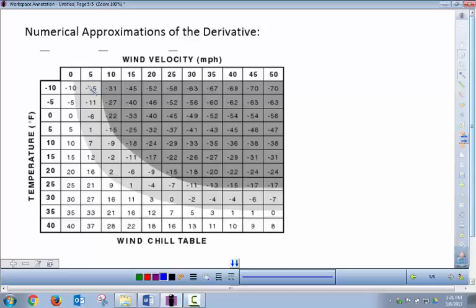So, for example, let's call this C for wind chill.